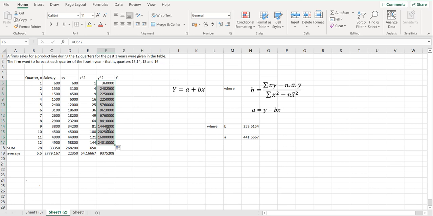So the next thing is that we need to search for the values of a and b.